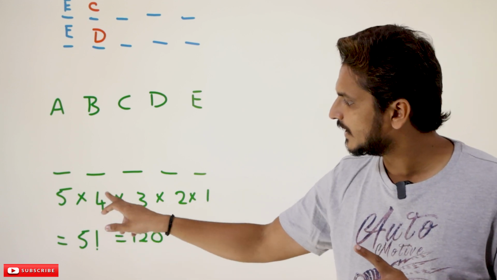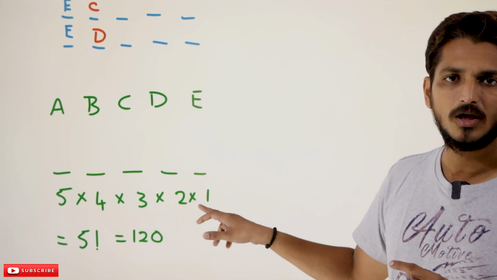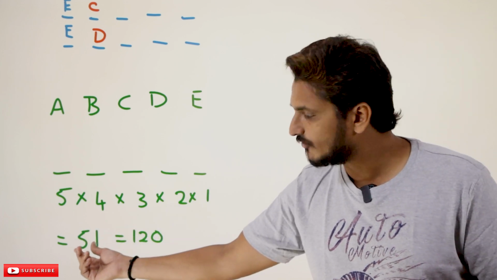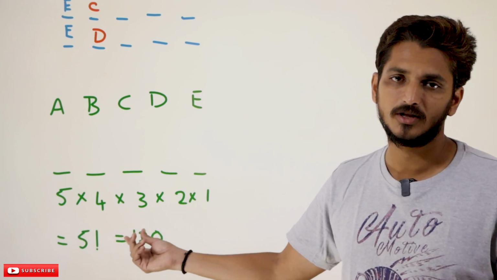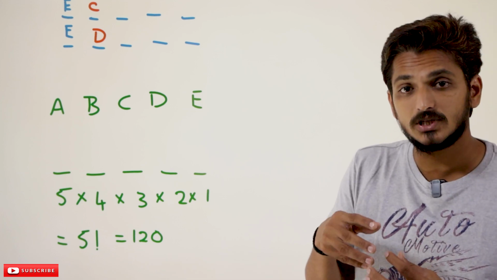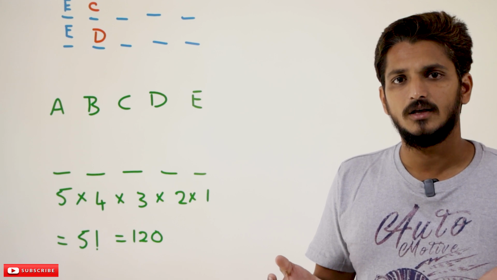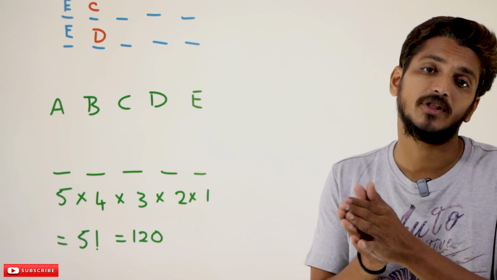So 5 multiplied by 4 multiplied by 3 multiplied by 2 multiplied by 1. This is what we call 5 factorial. What is its value? 120. So you can fill these positions in 120 different ways, and you have 120 different words.